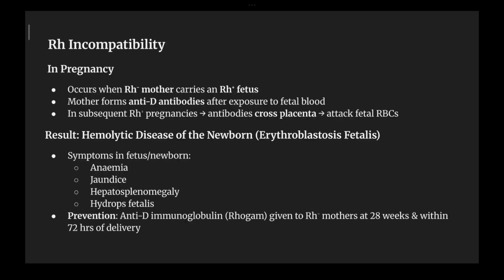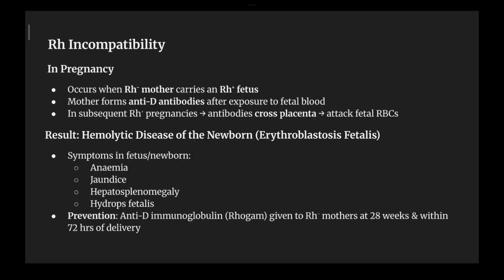Once the RH positive fetus is attacked, it is going to cause the disease called erythroblastosis fetalis. In future, if the mother conceives again, the antibodies can cross the placenta and kill the baby in the womb itself.